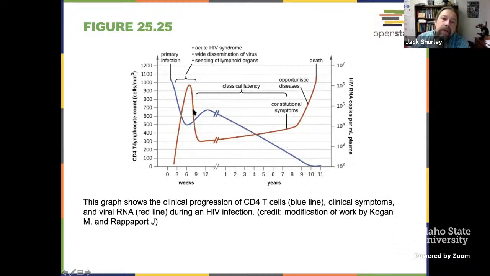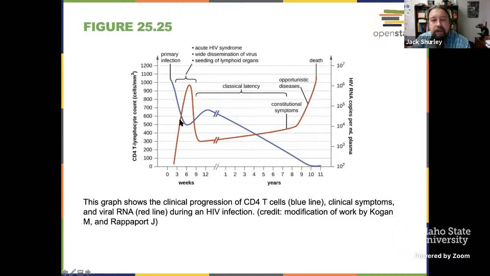All right. So over this course of time, the level of CD4 cells, the T helper cells, comes back. They don't come back to their original values, but they bump back up a bit. And then we see them starting to decline as their cell counts decline and the copies of RNA start to increase a bit.